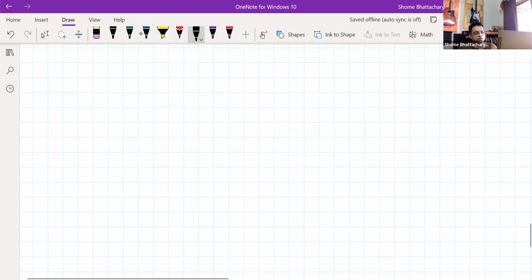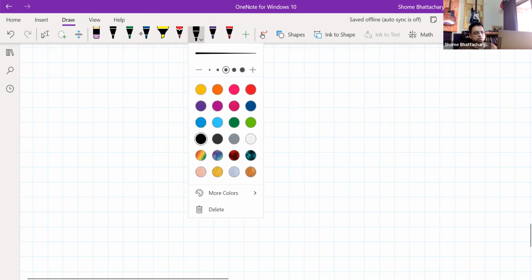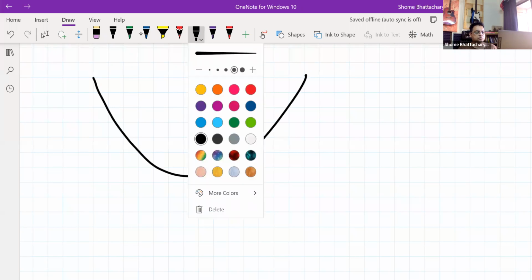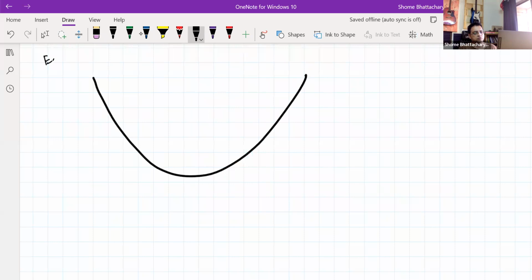In this question, let's say we have a metallic wire which we shaped like a parabolic curve, like this, and we fixed it in the vertical XY plane.